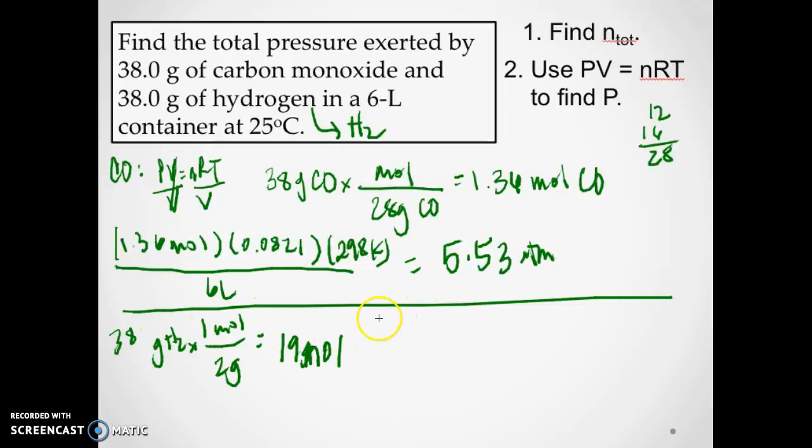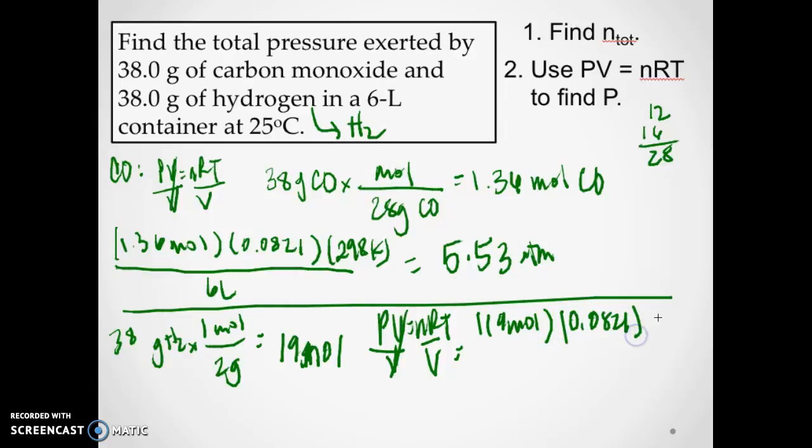I plug it into the PV equals nRT. Again, we're finding P. So moles is going to be 19 moles times R, and T is going to be 298, and the volume is going to be 6 liters.